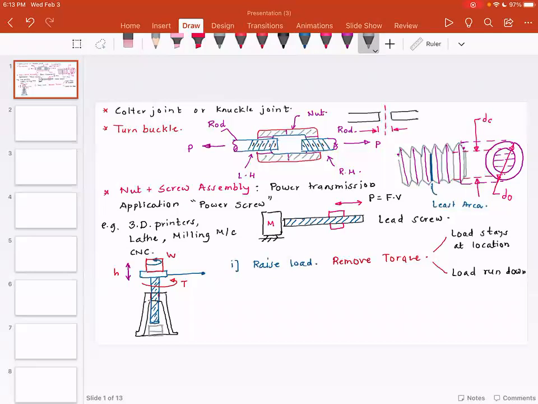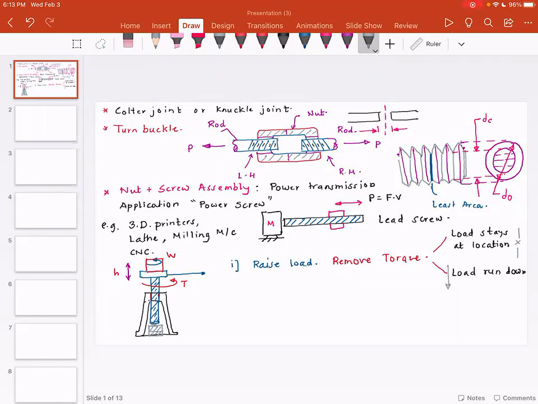So for an example, if you have two pieces of plywood and you want to make sure that these two pieces are glued together, then what you do is you use a screw and nut assembly that sort of is a rundown. So what it means is you rotate, apply torque, raise the screw, place the plywoods, release it, and on its own, the load comes down. And the second case is you remove the torque, and the load stays at whatever location it is.